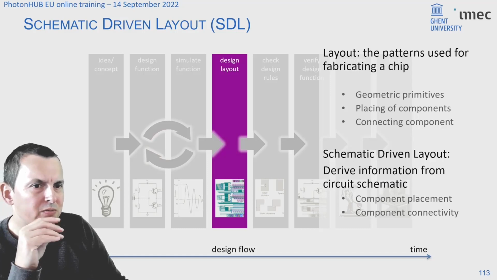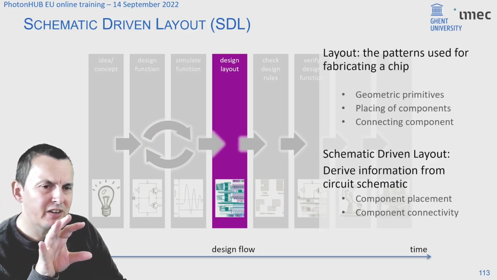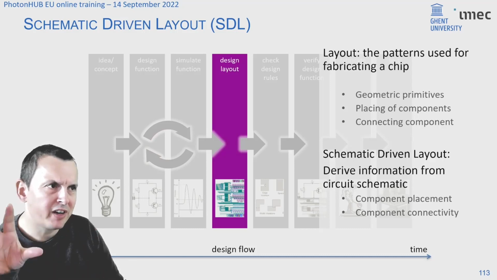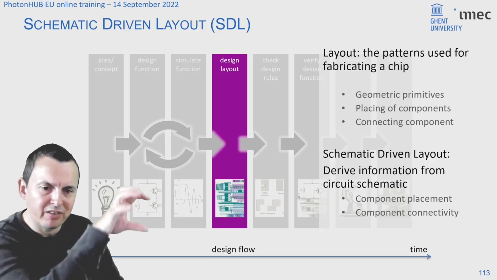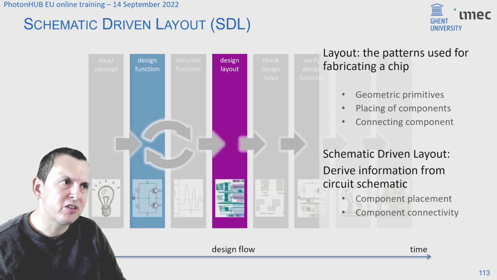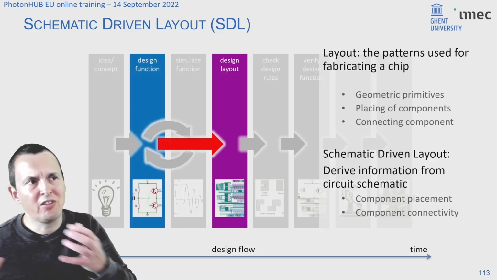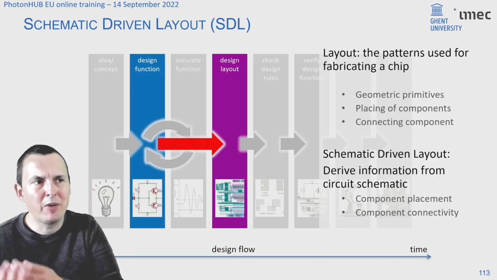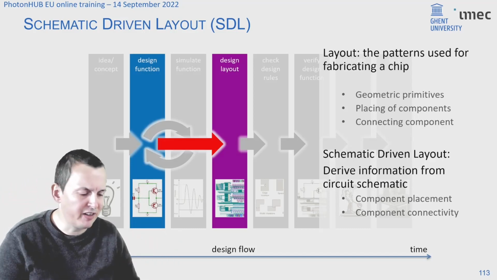Now, we see that there's a lot of correspondences between the schematic and the layout. Both use hierarchy, and both use cells to represent the building blocks. So it's logical that there are tools that help you translate your design function, which you defined as a schematic, into a layout. And that is what we call a schematic-driven layout.